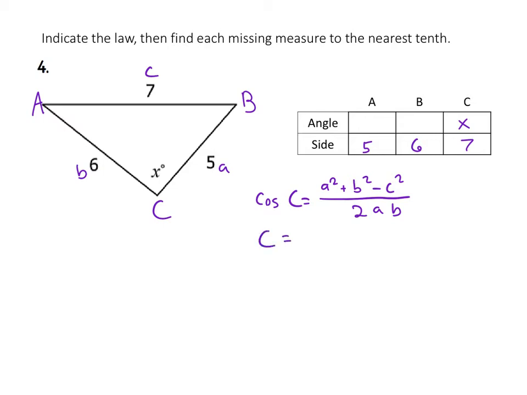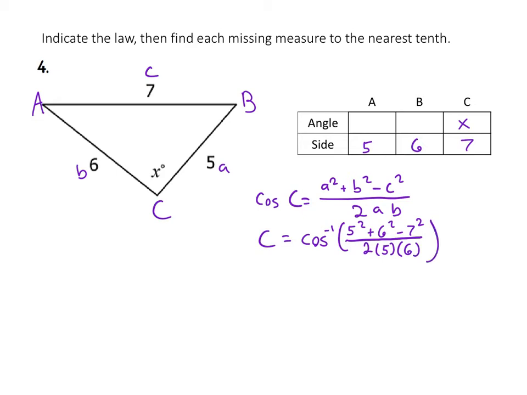C equals arc cosine of 5 squared plus 6 squared minus 7 squared, all of that over 2 times 5 times 6.